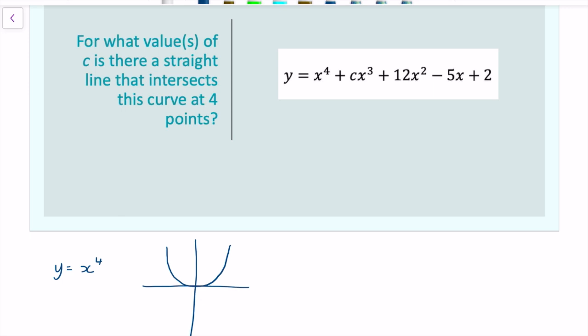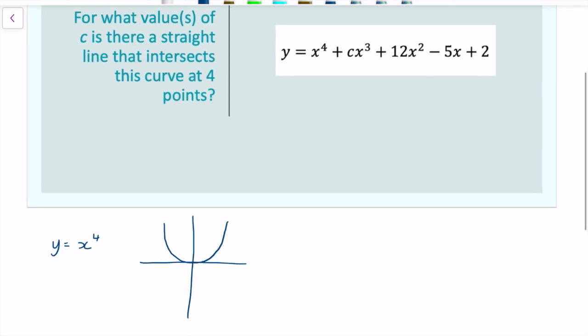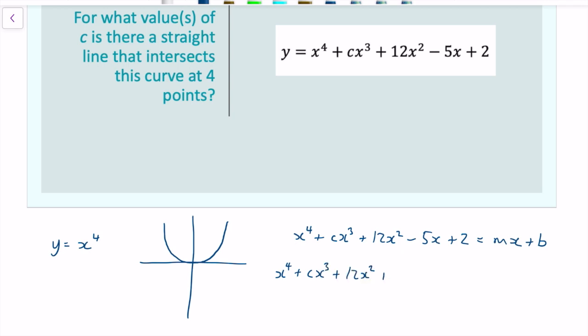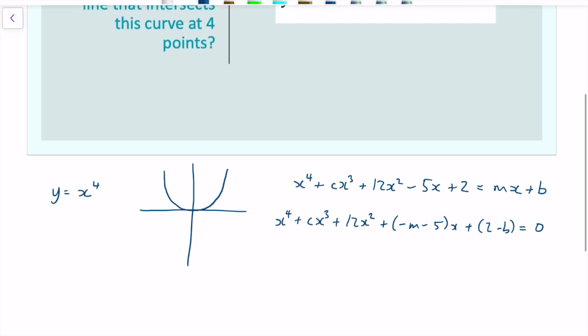The first attempt at solving this problem, without thinking about it conceptually, I tried doing this. I said, there's the quartic, equate it to a line. If you rearrange it into a standard form, this equation has different scenarios depending on what c is.